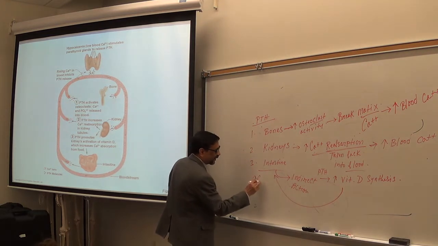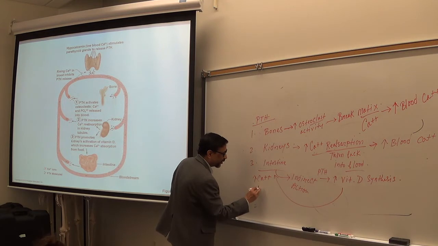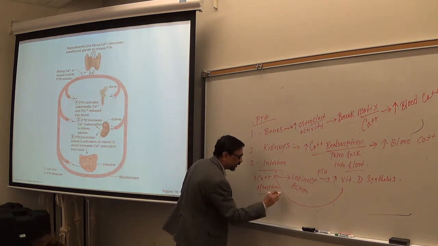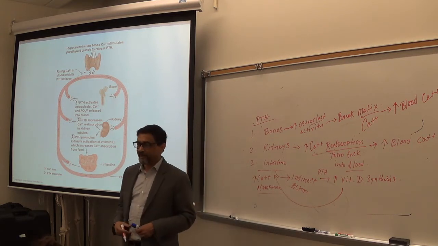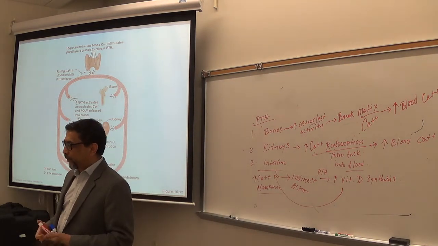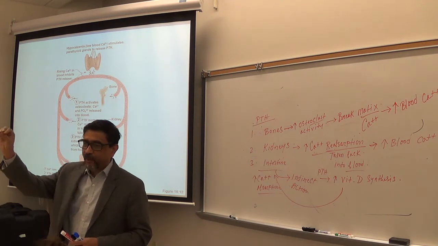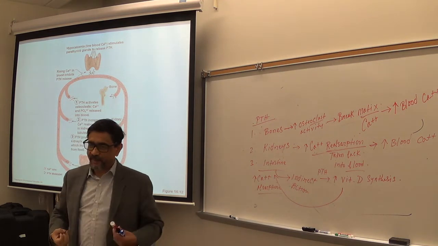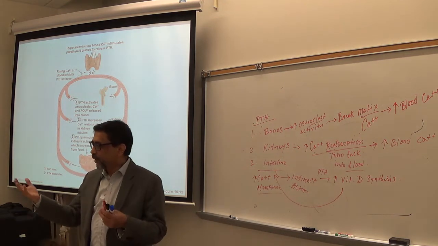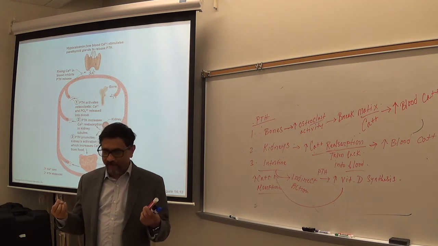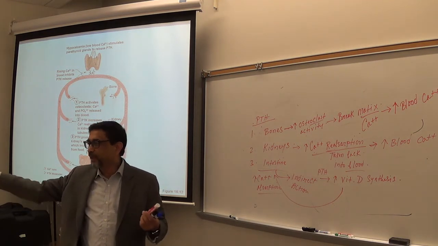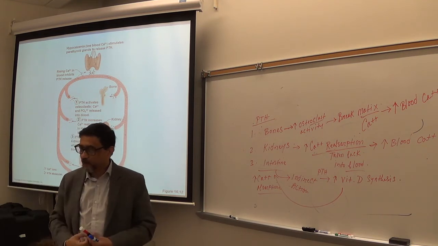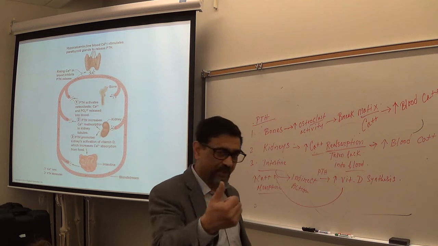Increase calcium absorption from the food present in the intestine or food we eat. So, very simple, PTH increases the production of vitamin D, and vitamin D helps in the absorption of calcium from the food we eat. So, if more vitamin D, more absorption of calcium from the food, that means more calcium will enter into the blood. Is it clear? More calcium absorption from the food means taken into the blood. So, calcium concentration goes up.